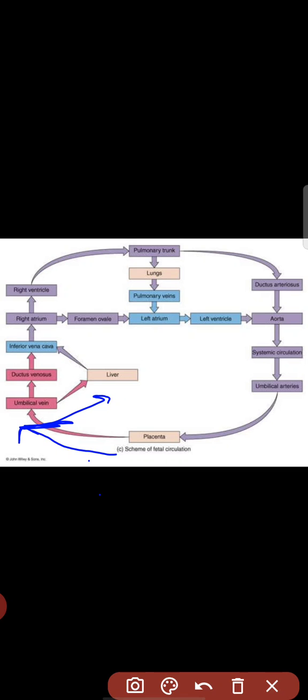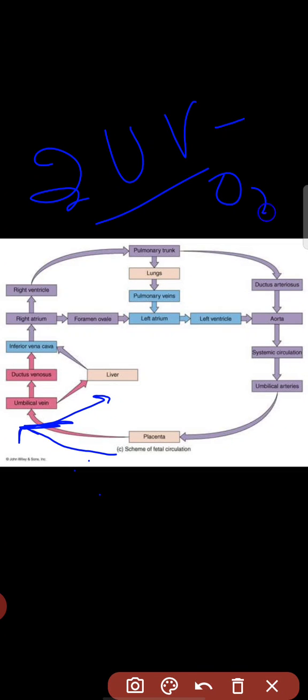Here you must mention that there are two umbilical veins. The umbilical vein takes blood from the placenta, and that blood is oxygenated. You can see that mostly veins carry deoxygenated blood, but in the umbilical vein the blood is oxygenated.